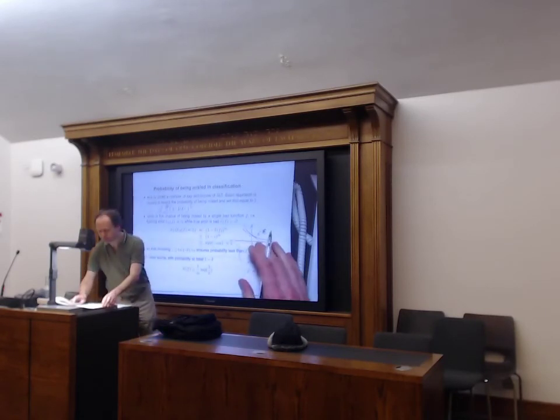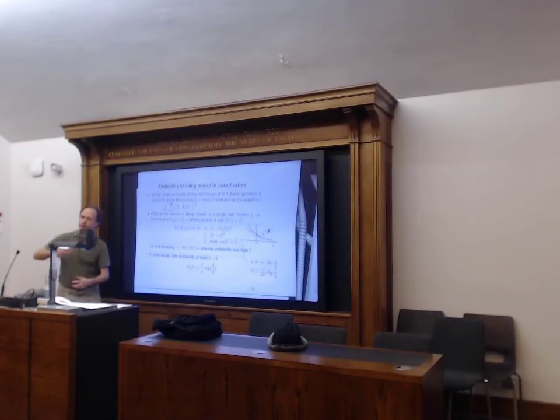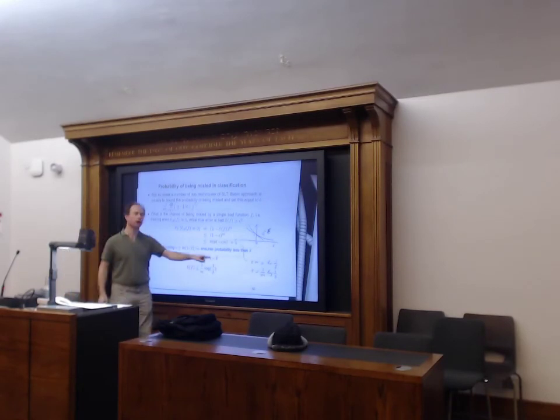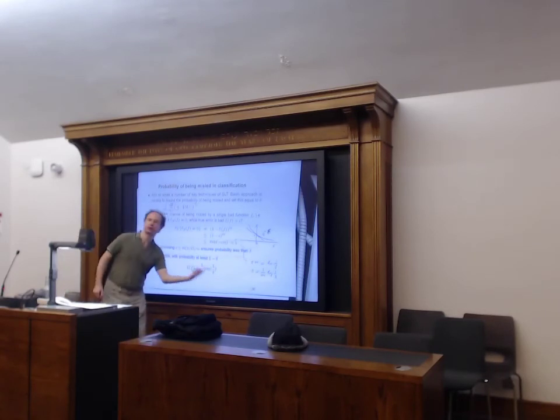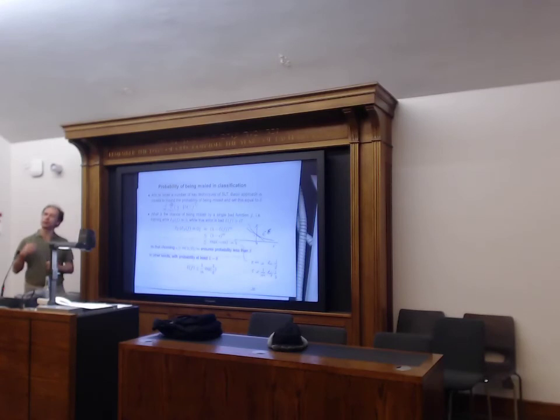And then you turn the bound around. So the conclusion of the argument is that with probability at least 1 minus delta, the true error will be less or equal than this quantity.